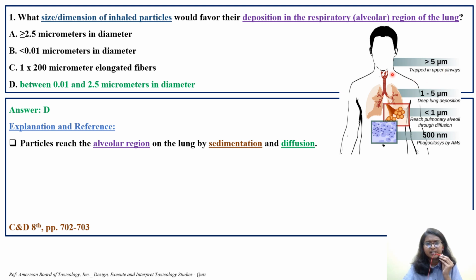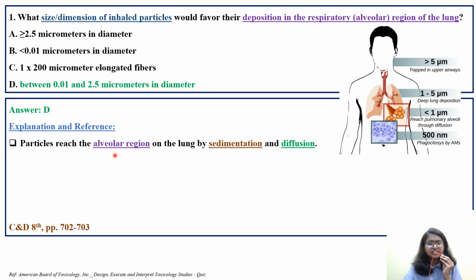If the particle size is 1 to 5 micrometer, deep lung deposition takes place. If the particle size is less than 1 micrometer, it will reach the pulmonary alveoli through diffusion. And if the particle size is around 500 nanometer, it will be phagocytosed by the alveolar macrophages.